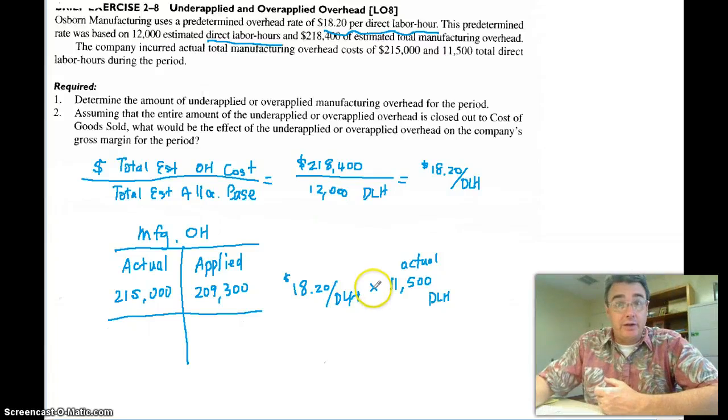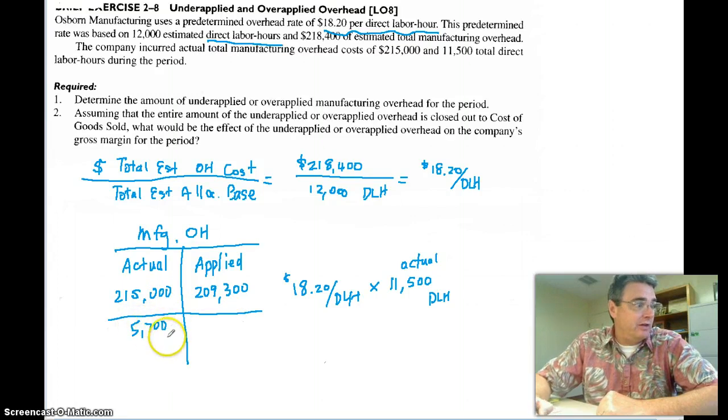Well, it's $5,700. That's the difference between those actual and applied overhead charges. But is the balance on the left side or on the right side? It's got to be on the left side because that's the higher of the two numbers. We have a $5,700 debit balance in our manufacturing overhead.